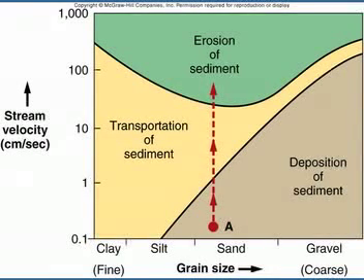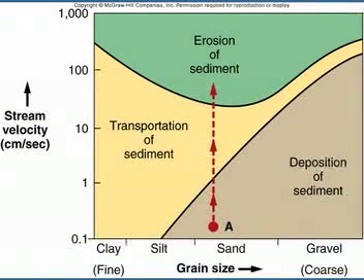So that's just the example. You're going to need a higher velocity to actually erode out the sand grain. And then, when the velocity drops, we stop eroding and we can still transport the sand grains, but when the velocity drops below about 1 centimeter per second, I'm going to be depositing all of my sand grains.